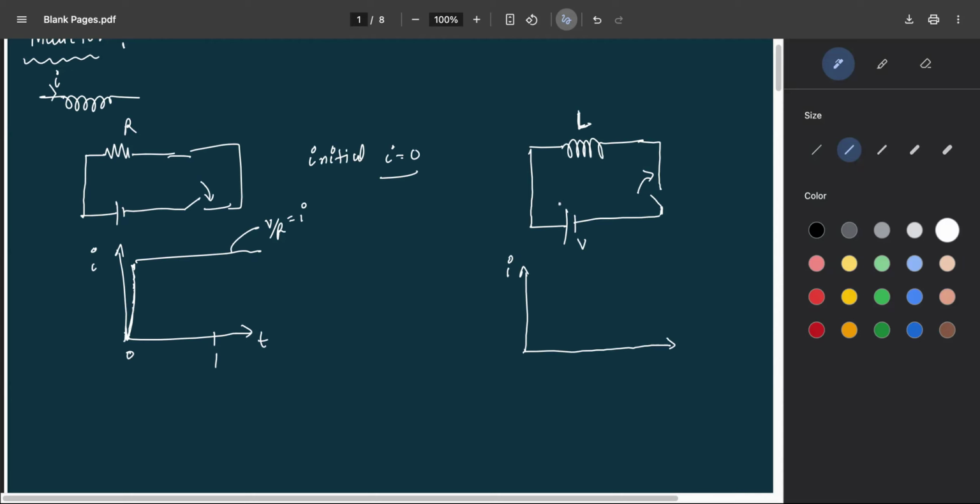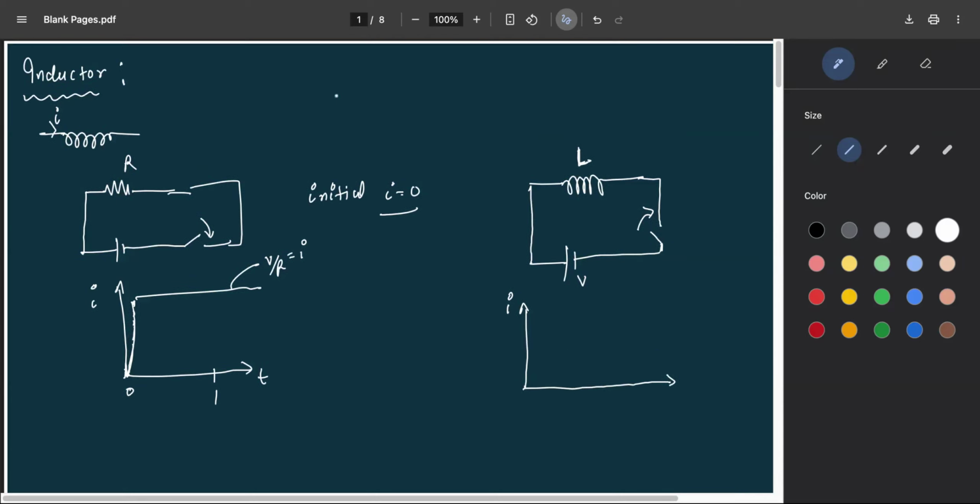Look, very simple idea. Assume there is no current in the circuit, which means there is no current in the inductor. The moment you switch on the circuit, current I will come, and with it some magnetic field. Current is basically flow of charges. When the first charge came, you got some magnetic field.